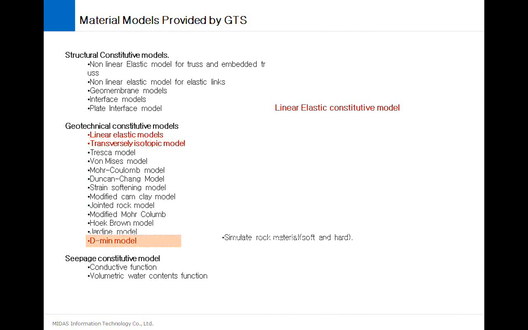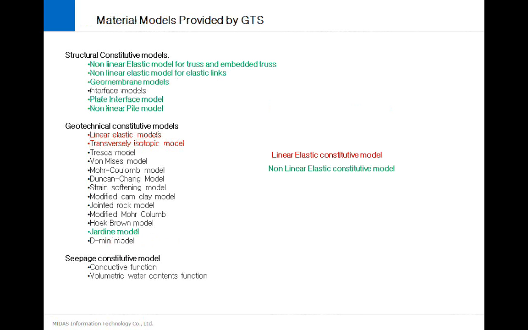It is a linear elastic model which is usually used to simulate rock materials, both soft and hard. Next in the list we have non-linear elastic constitutive models. Starting with non-linear elastic models for truss and embedded type, with which you can define a compression only behavior, gap behavior, tension only, and hook, as well as user defined multilinear behavior, each having its own stress strain relationship.